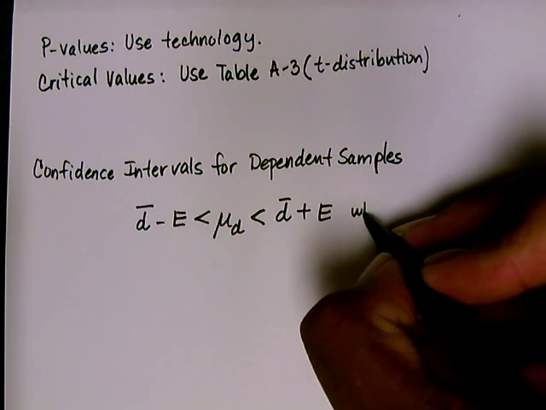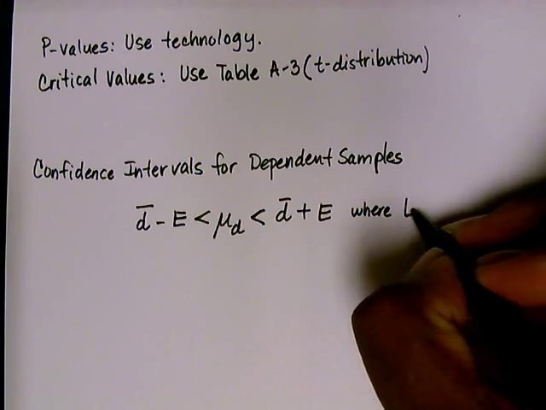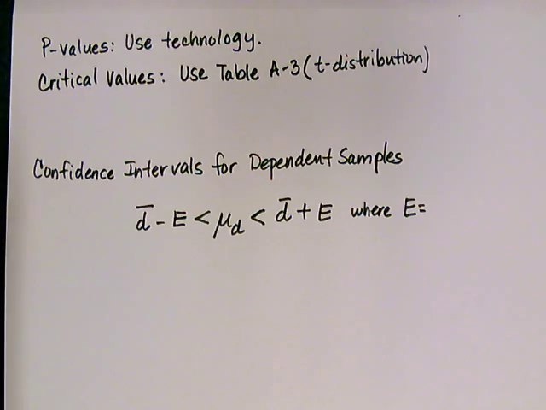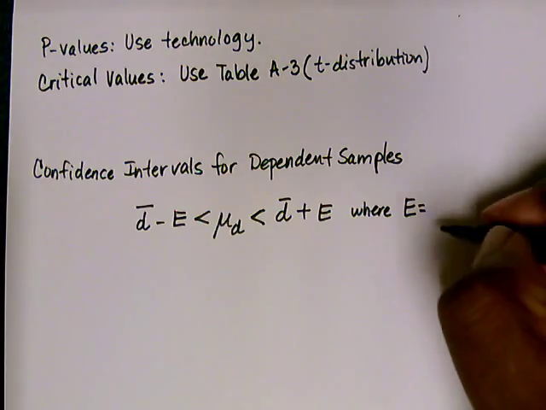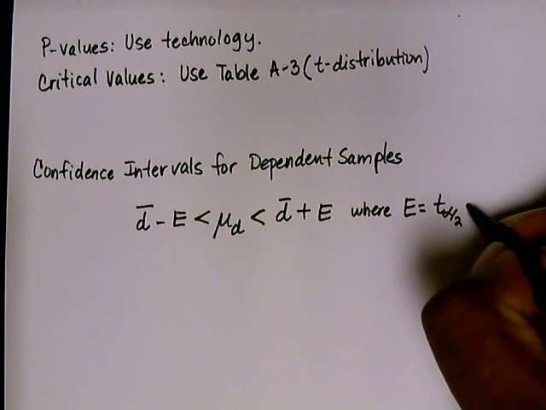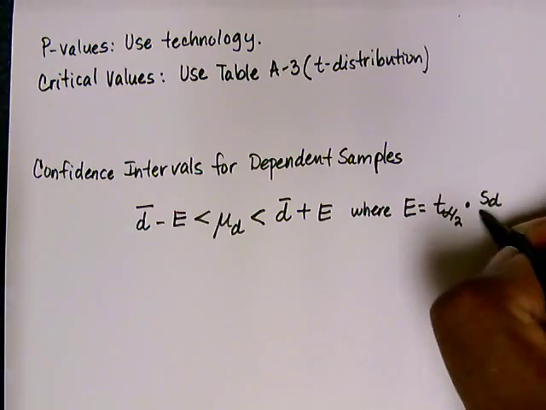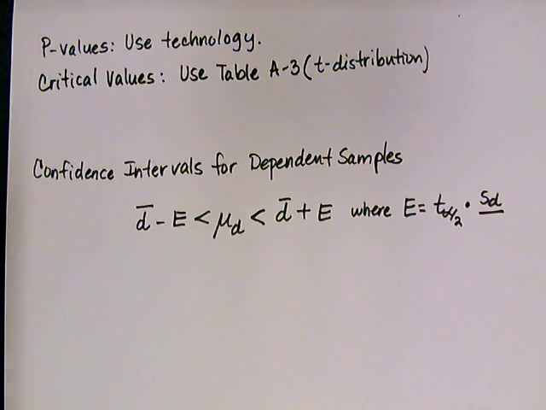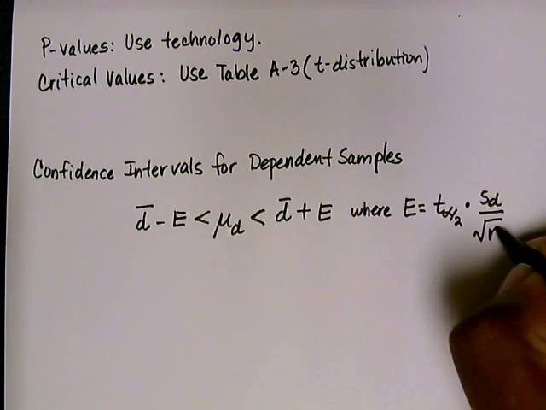And this is going to be where E, which, if you recall, is your margin of error, will be t of alpha over 2, that's usually your critical value, times s sub d, the standard deviation of your individual differences, divided by the square root of n.